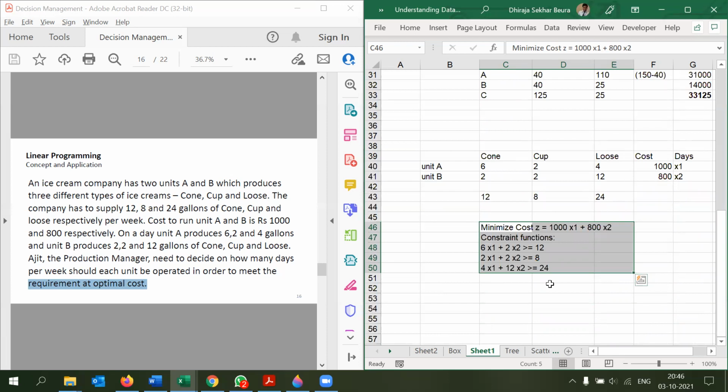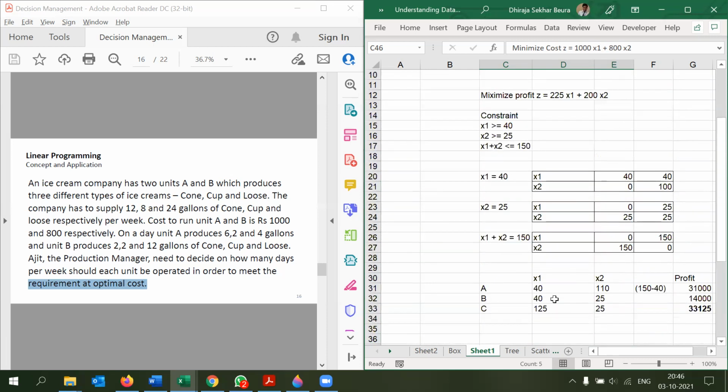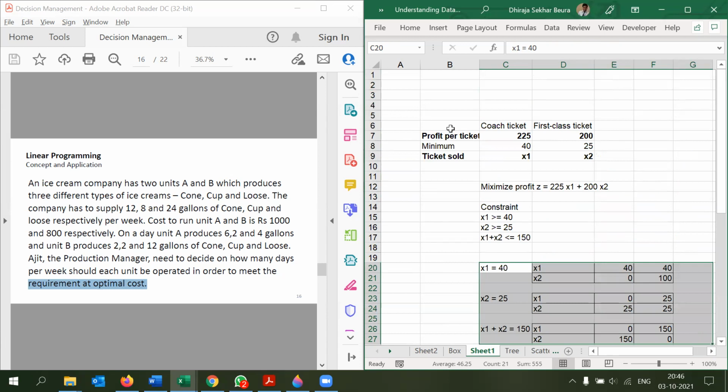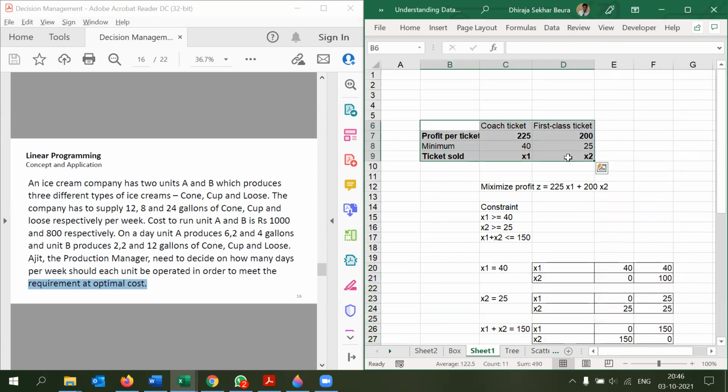Yes. But is there a standard format to solve the problem, or can we go ahead with this raw table and go like this only? Go like this only. You write down the maximization or minimization objective function first, then the constraint functions. Then you write down the coordinates like this. Then you write down the simplification of the question.